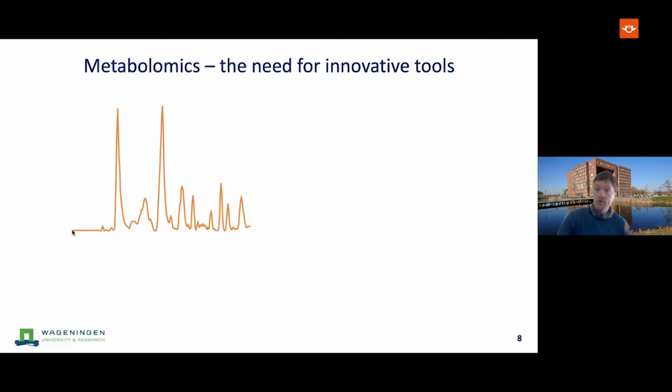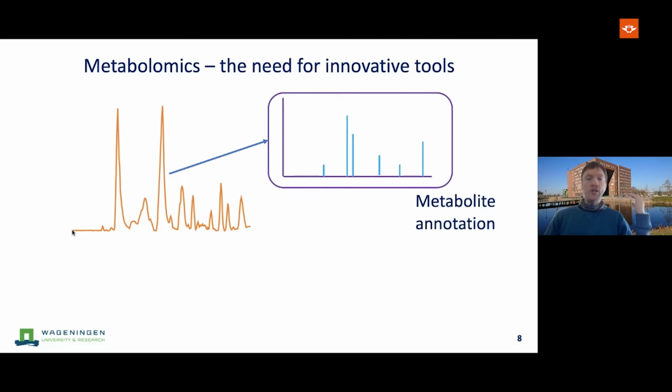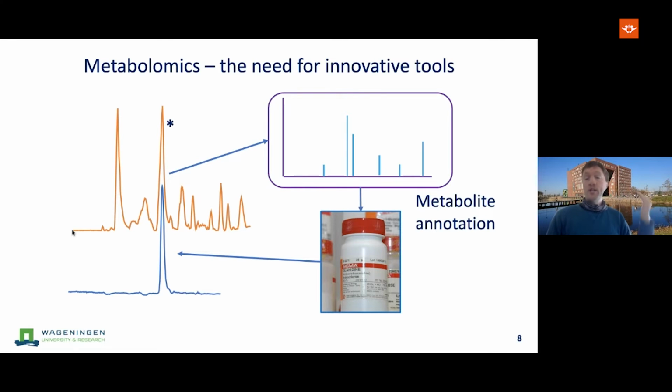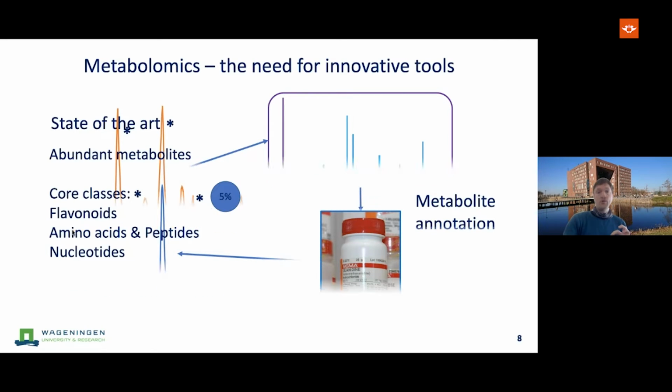So we need innovative tools, because the standard way of doing things is like we select things, we run the mass spectrometer, we buy standards, and we check. And that works, but only for a small amount of molecules.